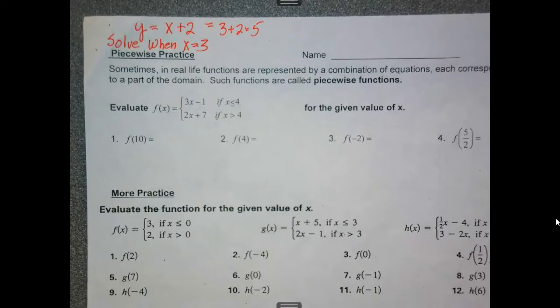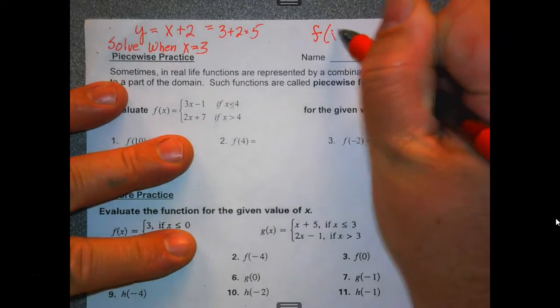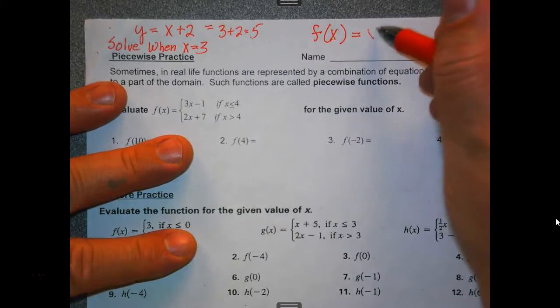In Algebra 2, we mathematicians don't like to write English because we hate it, right? So we came up with something called function notation. Instead of the y, we would put f of x equals x plus 2.